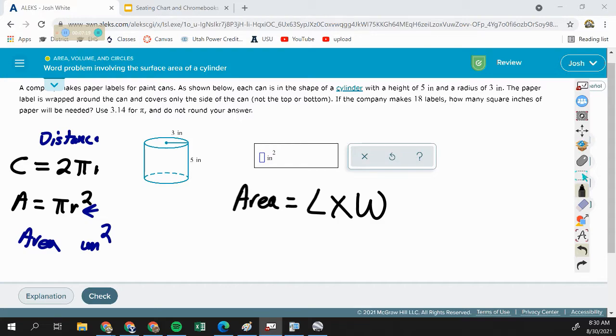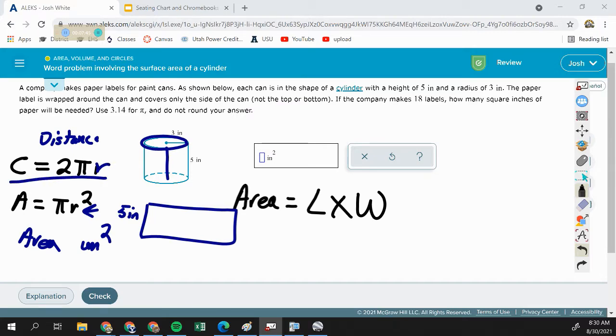Right. If I cut this and then unravel it, I end up with a rectangle. How big is that rectangle? Well, the side is 5 inches, and the top is equal to this distance here, which is called the circumference.